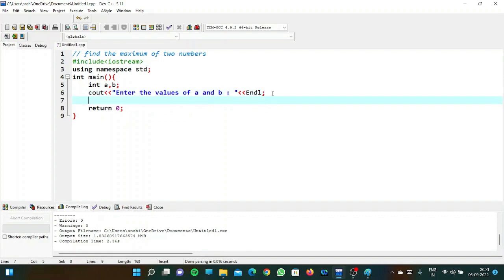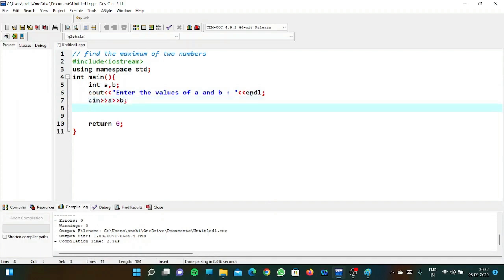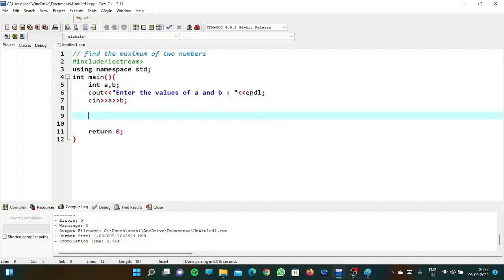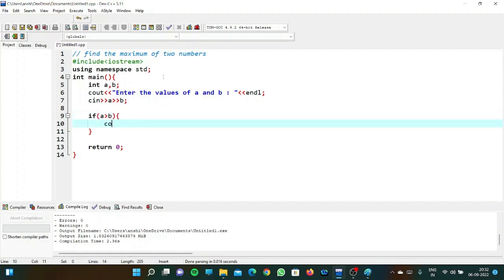Okay. Oh, it will be small. Okay, so now we'll use the cin statement to get the values of a and b as input from the user. Now again, we have to find the maximum of two numbers. Again, we need to use a condition, that means an if statement. If a is greater than b, cout a is maximum.